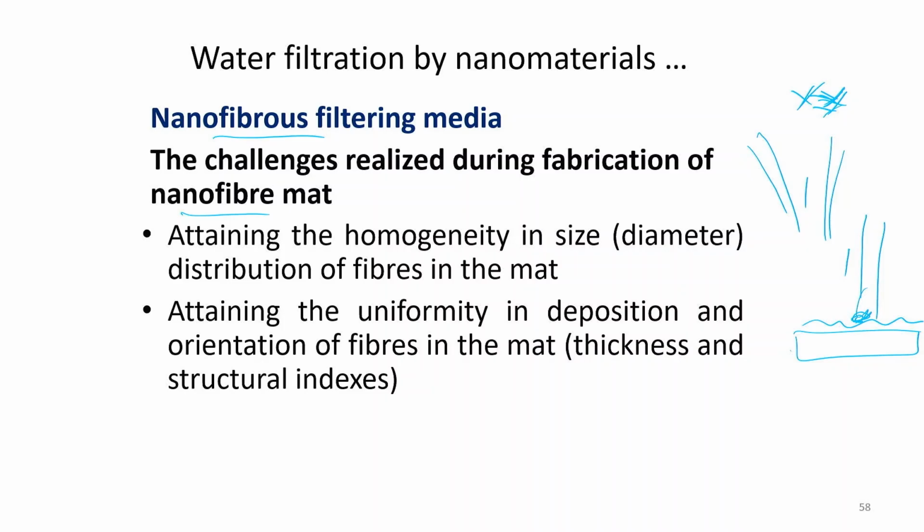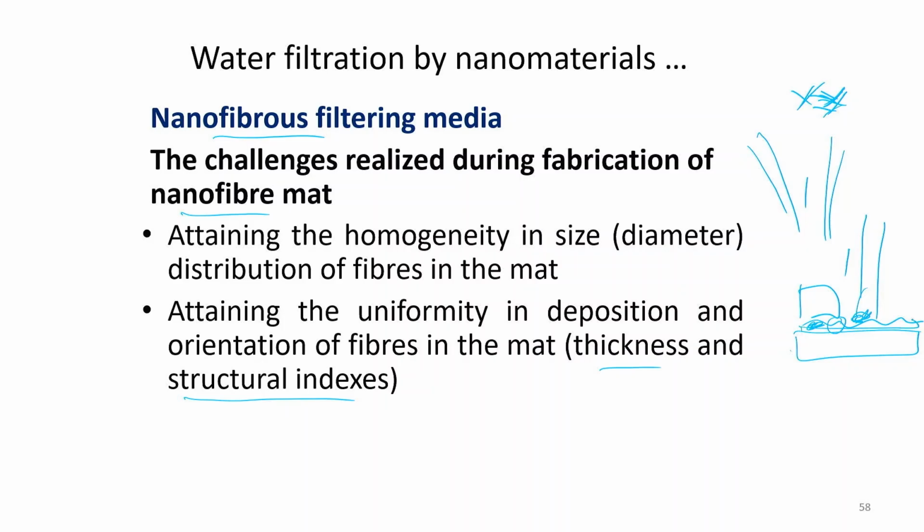So, thickness and structural indexes like porosity differ. The structure may be compact in some places and open in others, porosity may be different, and thickness is obviously different. Overall, the areal density at different places is different. So, attaining uniformity of the web is very difficult.